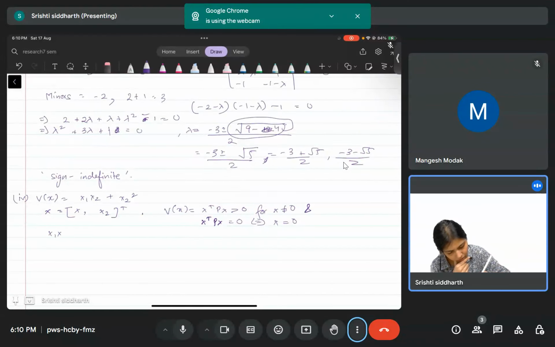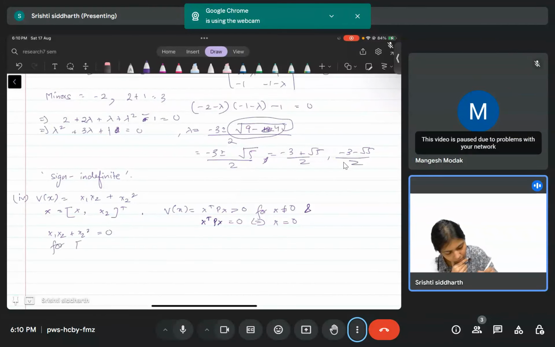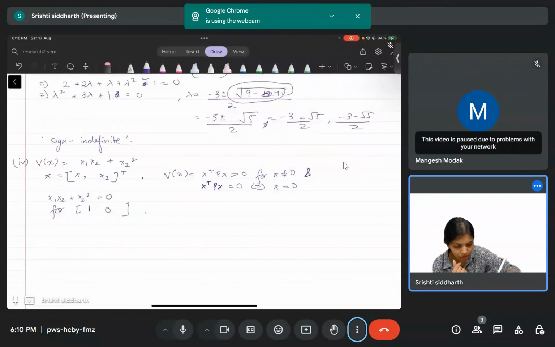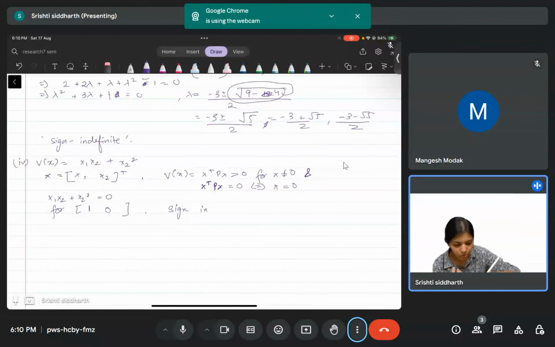Yeah, I think we can see from here that this is 0, even for a vector like 1, 0, right? Yeah, this means of course it's not positive definite, not positive semi-definite.